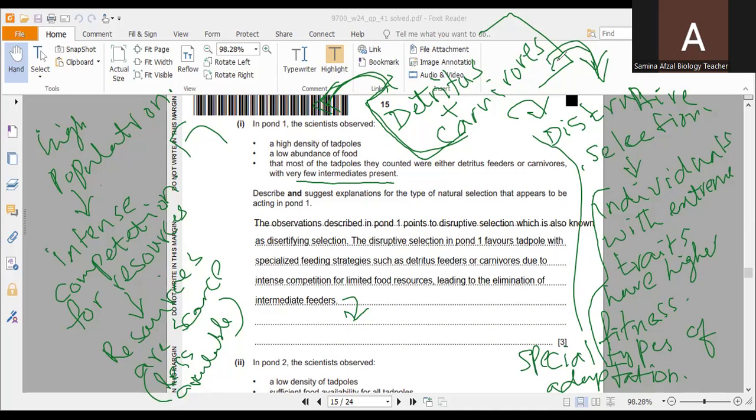So in this way, only these two types of organisms, which were greater in number, survived in that environment, and due to their survival, the intermediate feeders were eliminated from that environment, or very few were left. So this type of selection favored only these two types, detritus feeders and carnivorous organisms.